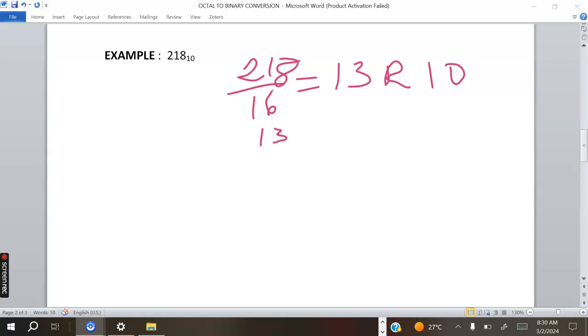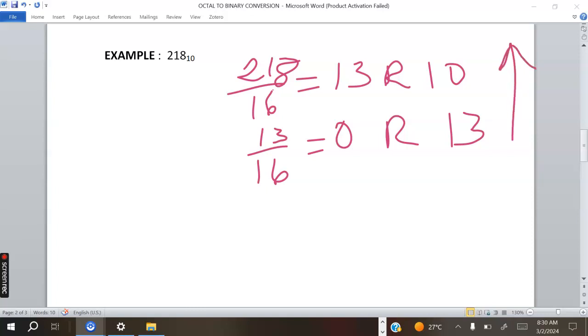Then 13 divided by 16 is equal to 0 remainder 13. So remember to read the answer upward. We have one remainder being 10 and the other remainder being 13.